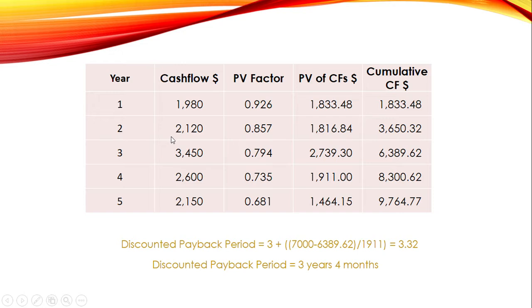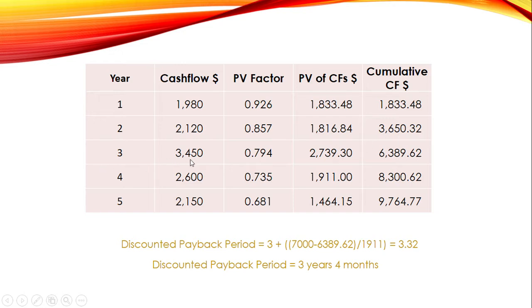In year 2, we receive 2,120. The present value factor in year 2 is 0.857. The present value of the year 2 cash flow is 1,816.84. The cumulative present value of cash flows is the year 1 present value plus the year 2 present value.